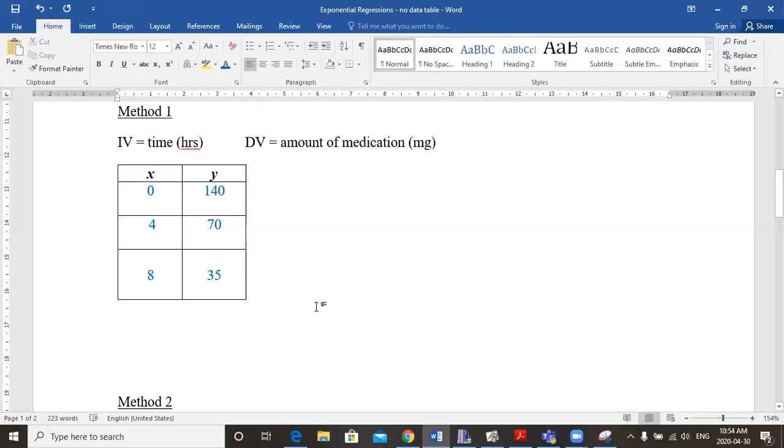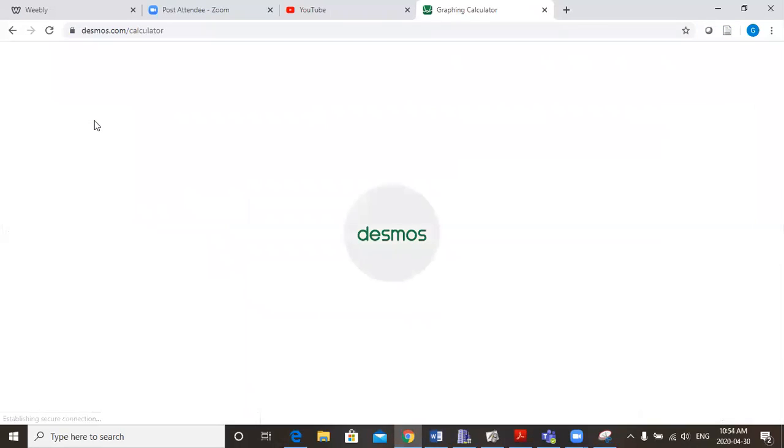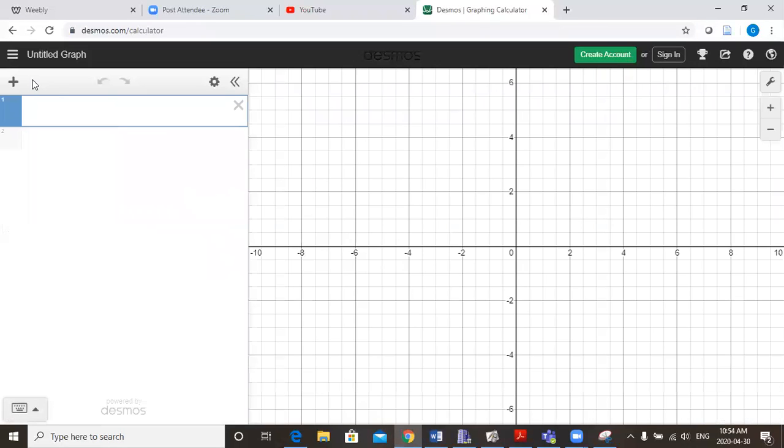Okay, so we have that. We can put this into Desmos. We're going to reset Desmos and insert a data table. Our X goes 0, 4, 8, and our Y goes 140, 70, 35.